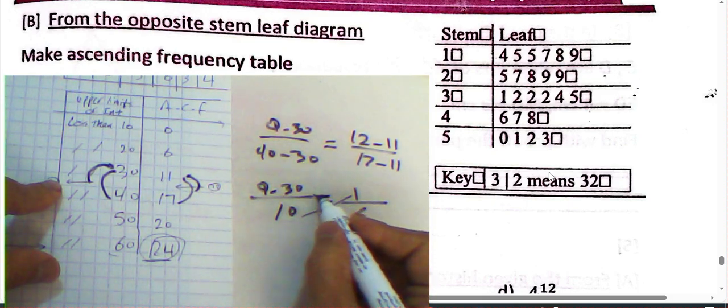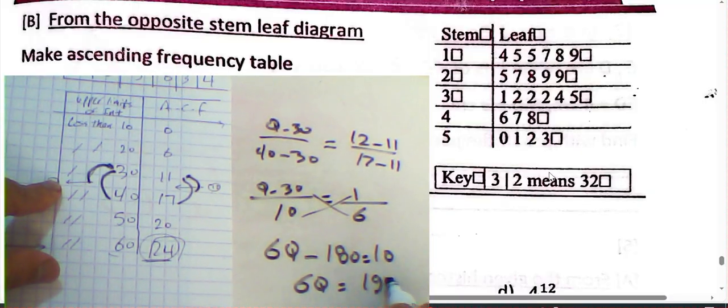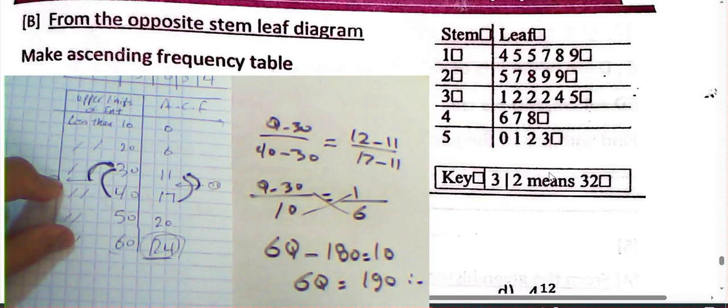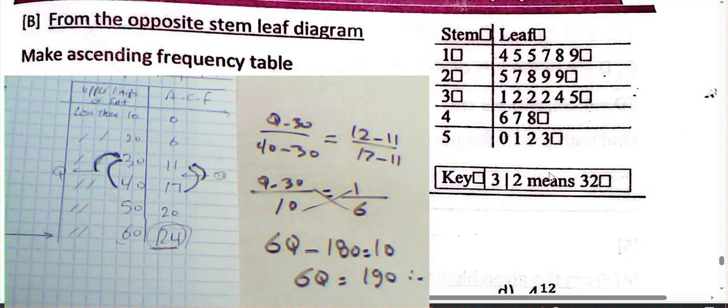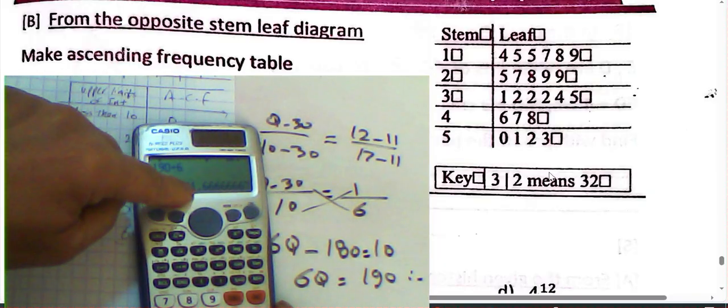We can cross multiply: 6 times q equals 6q, 6 times 30 equals 180, 1 times 10 equals 10, and 6q equals 190. Then the value of the median, we use 190 divided by 6. The result will be 31.6.